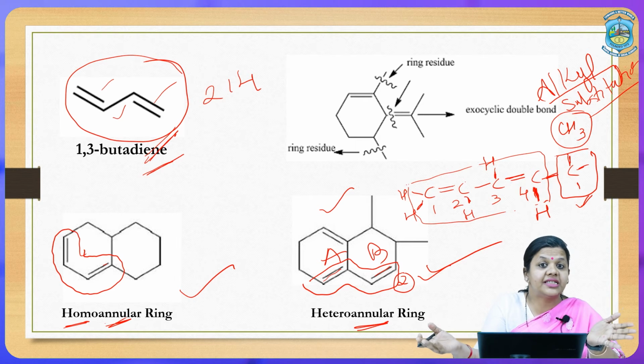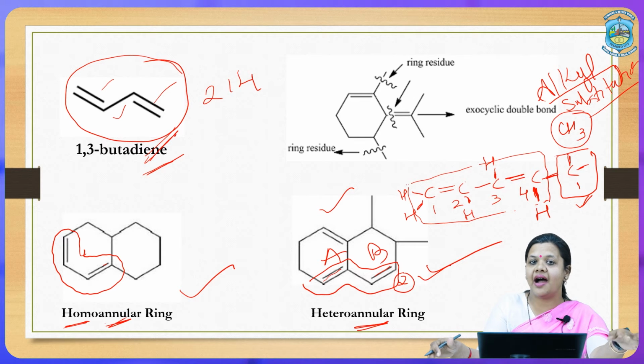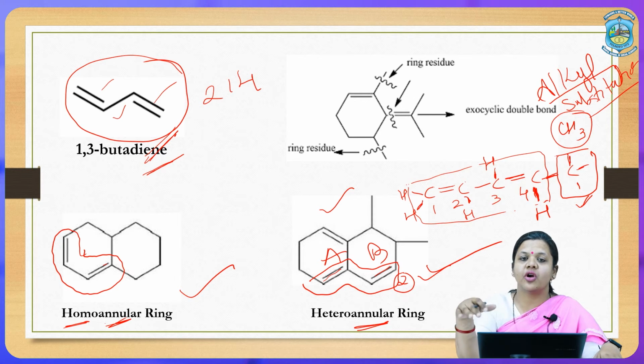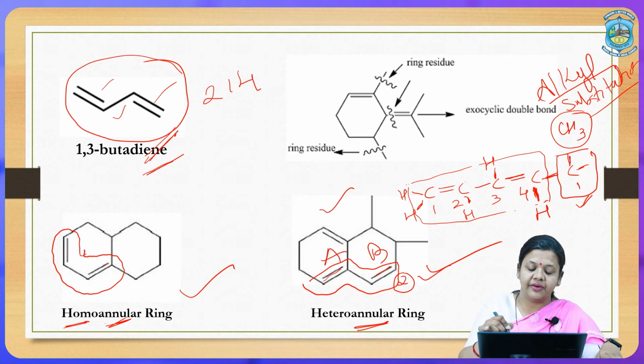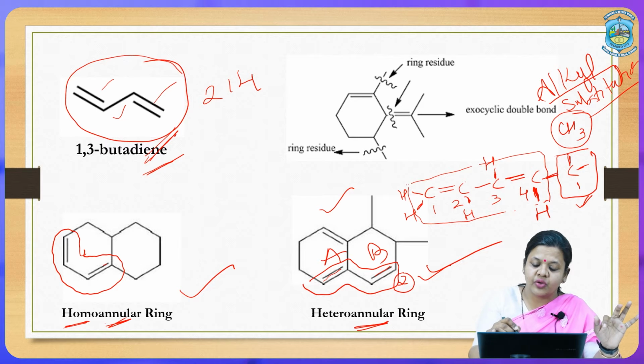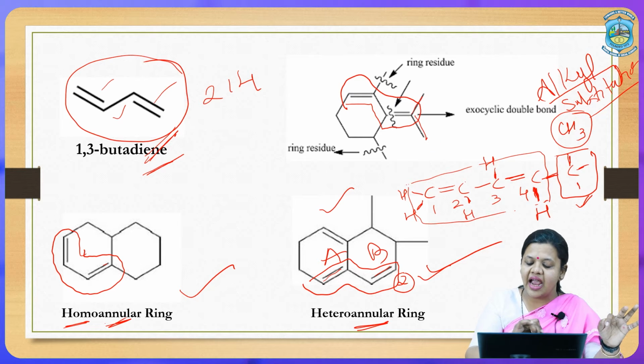What do we mean by residue? Residue means something which is left over afterwards. So, if I am talking about cyclic structures that have a ring, and I imagine that I cut the ring at a certain position, it is like in this place, this is the 1,3-butadiene present over here, and each of these lines is representing the presence of an alkyl group.